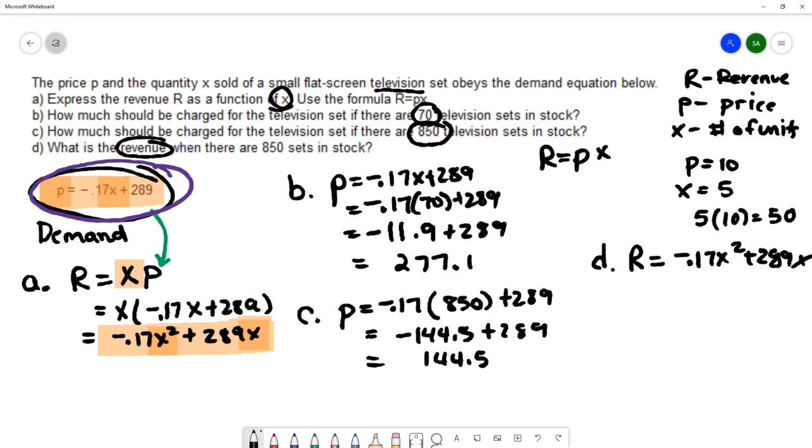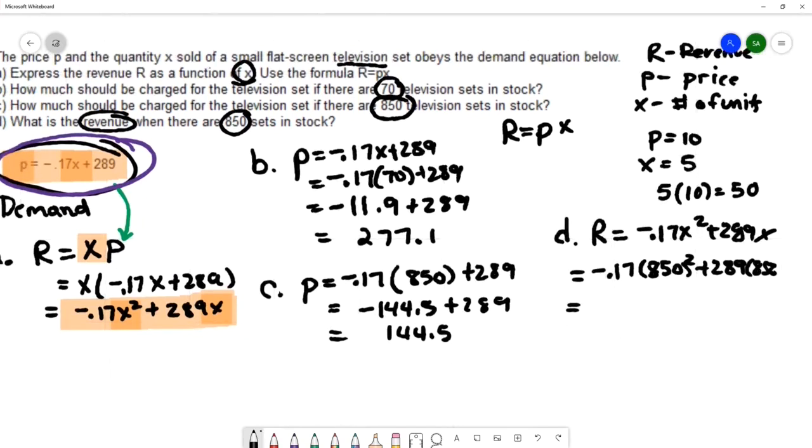And we're going to substitute 850 in for x. That's negative 0.17 times 850 squared plus 289 times 850. So let's see, 850 times 850, that's 850 squared. Well, that's a big number. That's 722,500.